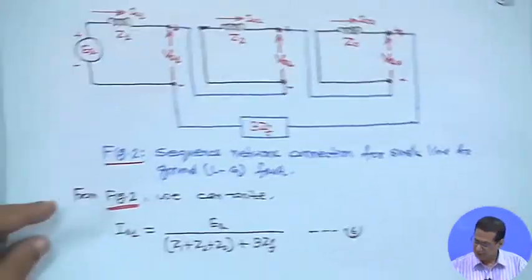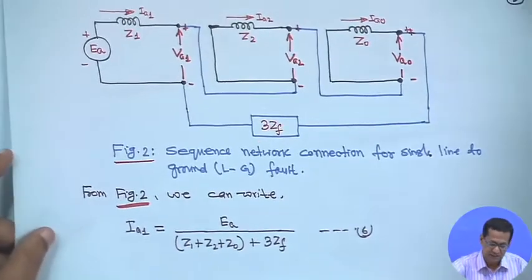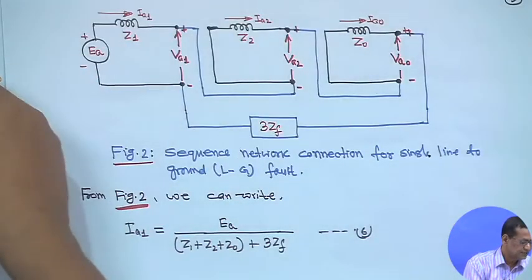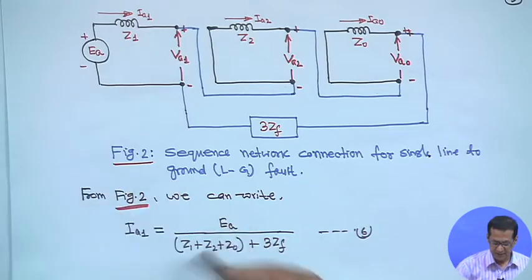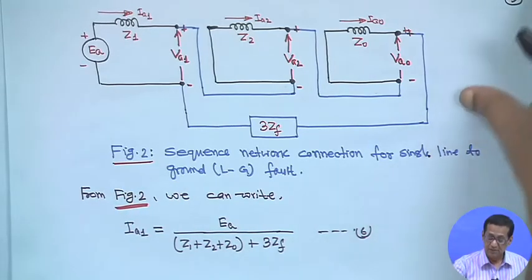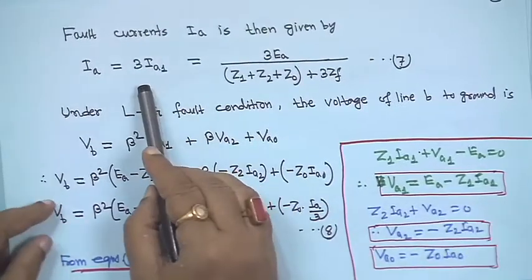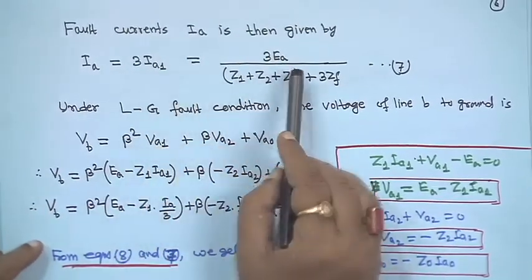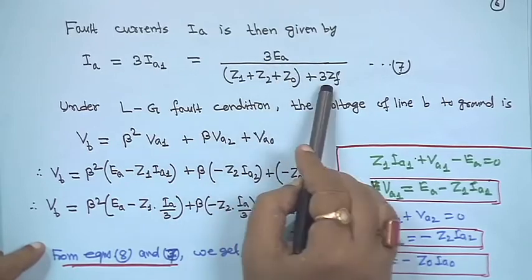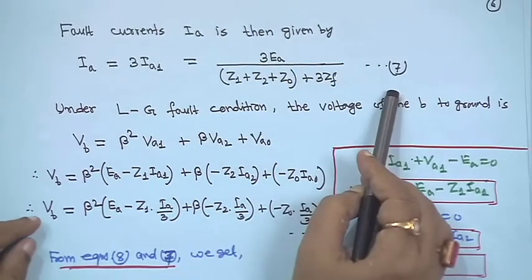So, the fault current IA is then given by IA equal to 3 IA1. Substituting IA1 here, this is equation 7.